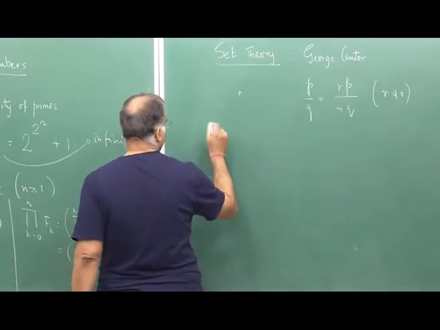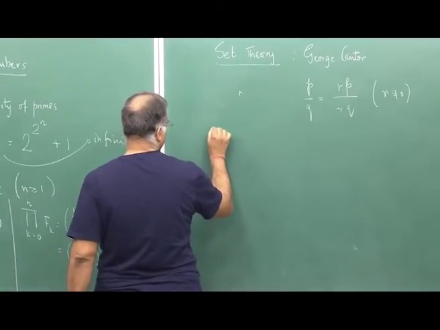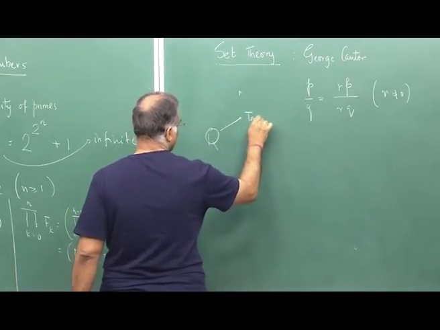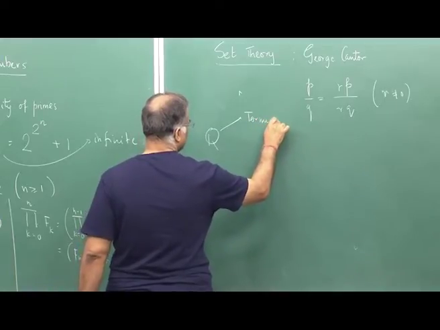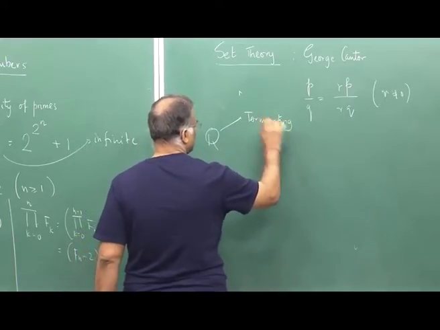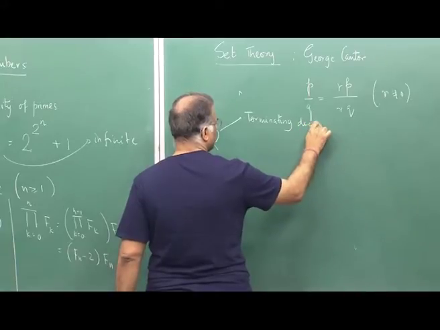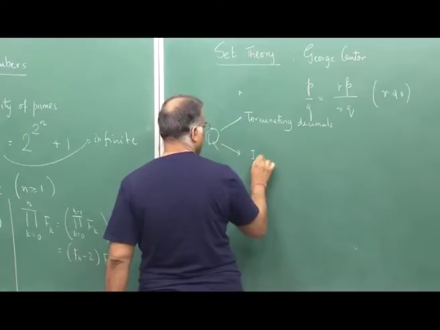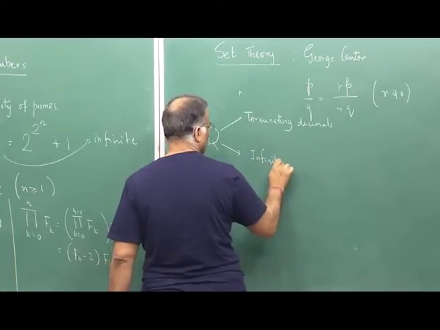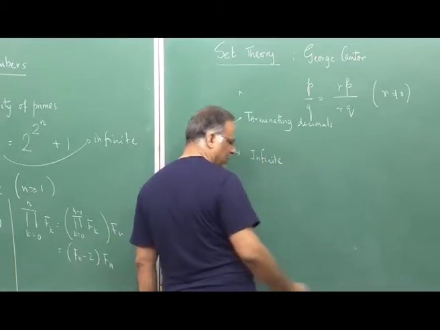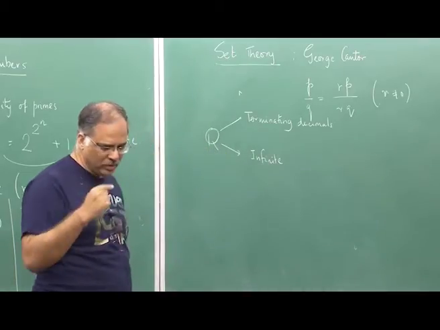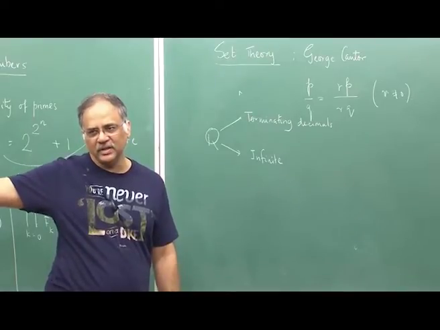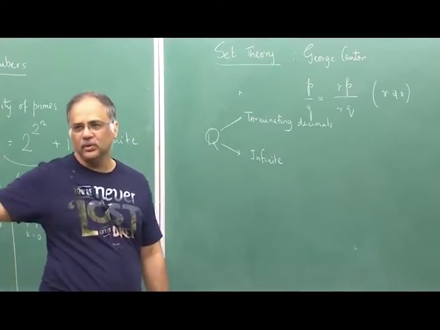So, rational numbers are of two types. If you take the set Q, one type is represented by terminating decimals, and another is represented by infinite decimals, that is, they do not terminate. As you keep on dividing a smaller number by a bigger number, on the right hand side your division will continue.